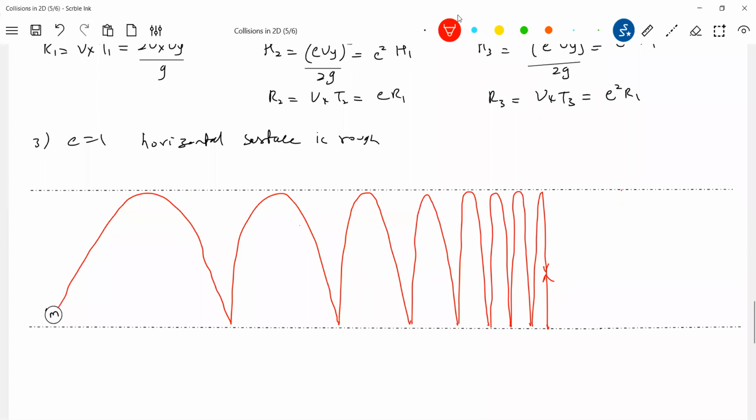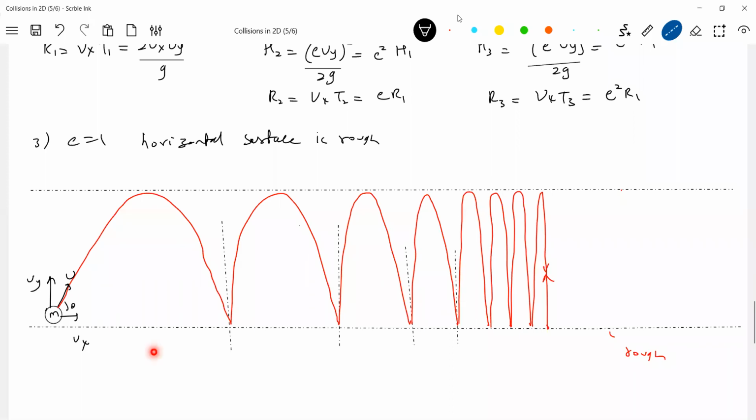So this is when the surface is rough and e equal to 1. What I'm putting as the condition: this is the theta, this is u, uy, ux. At e equal to 1, at every collision, what will happen to the vertical component?